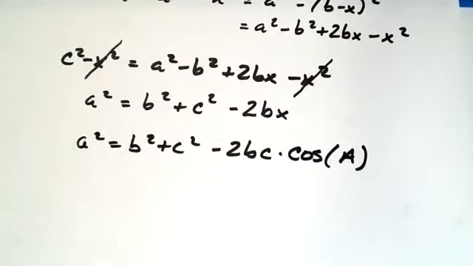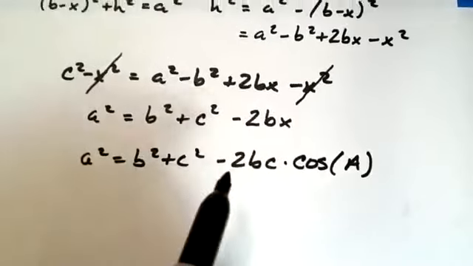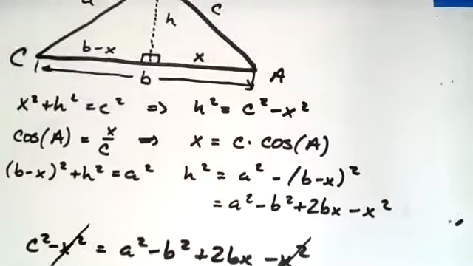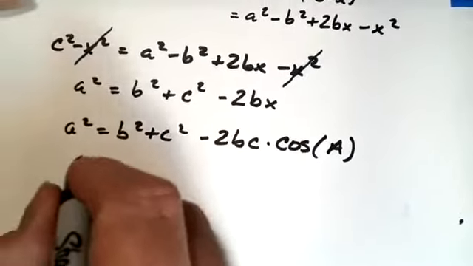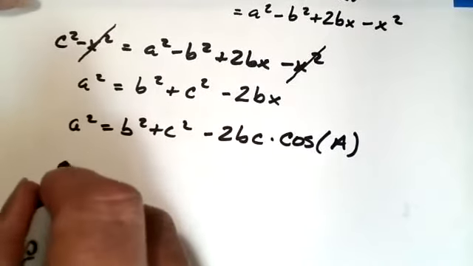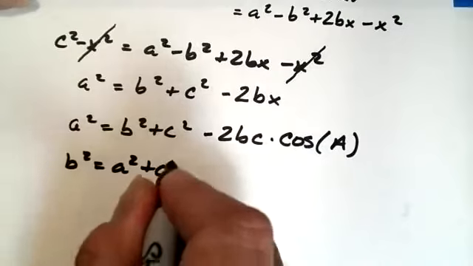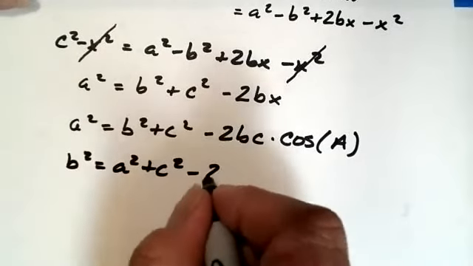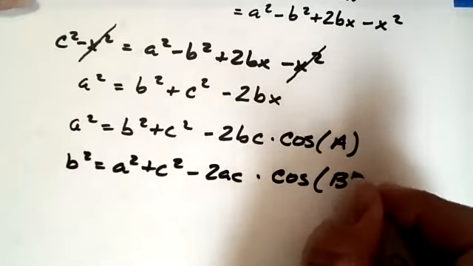It's one version. I'll call this maybe version 1. And there's actually 3 different versions because the labels for the sides and the angles is arbitrary, right? So we could just as easily say, well, there's another equation that says b squared is equal to a squared plus c squared minus 2ac cosine of b, right?